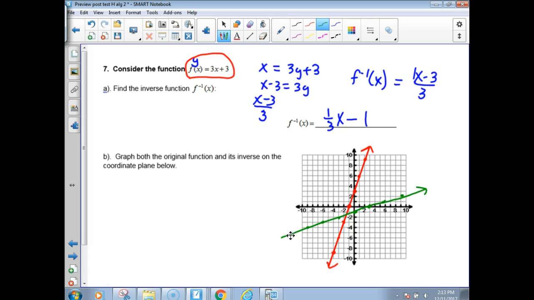All right, you don't have to draw in the line y equals x. But there is another way you could have gotten that graph correct, and that would be, just notice that we have some points on here. Nathan, go ahead.